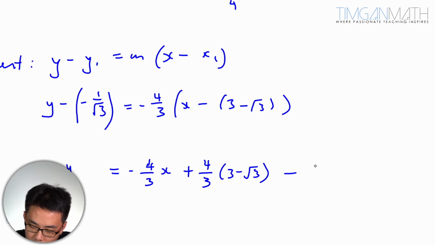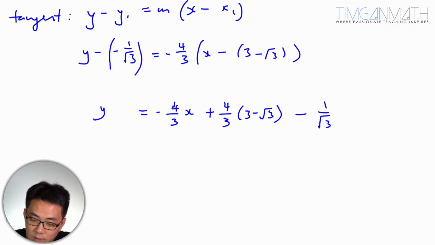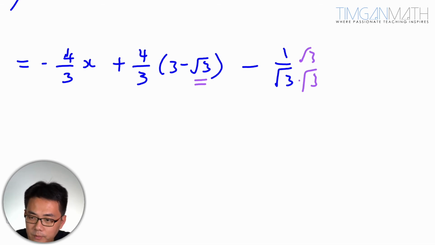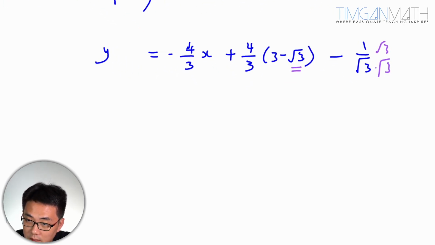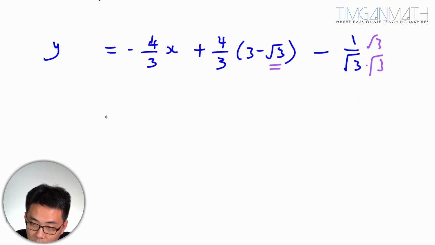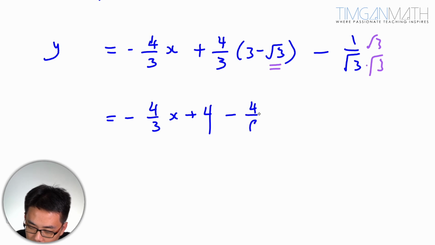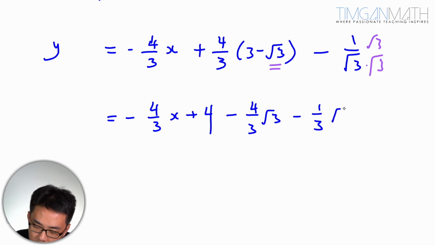1 over root 3 is one third root 3. The reason why I'm changing to root 3 is because there's a root 3 here, so you can simplify this. And what we'll get very quickly is negative 4 over 3 x plus 4 minus 4 over 3 root 3, minus one third root 3.